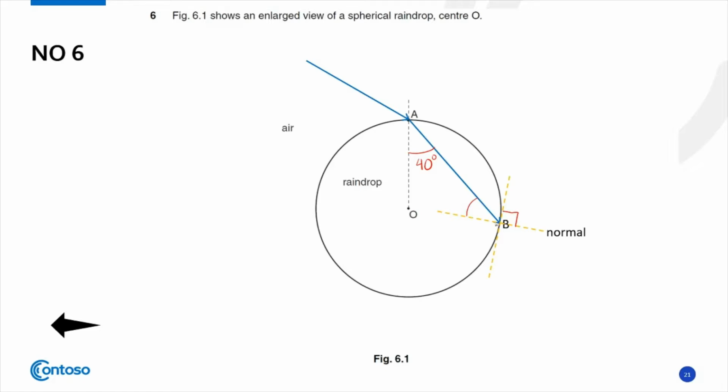Then measure the angle of reflection from normal, the same size as the angle of incidence. Mark it. Draw a line from point B, passes through the mark to get this line. Don't forget to draw an arrow at the end of the line. So, this angle must be equal to this one.